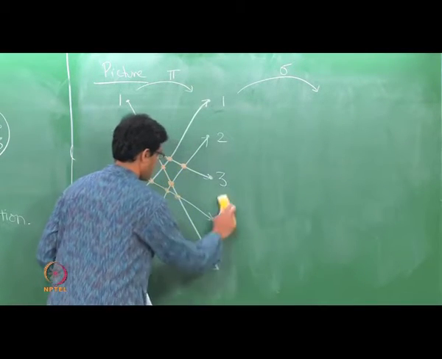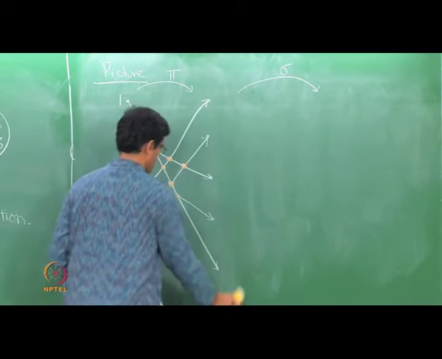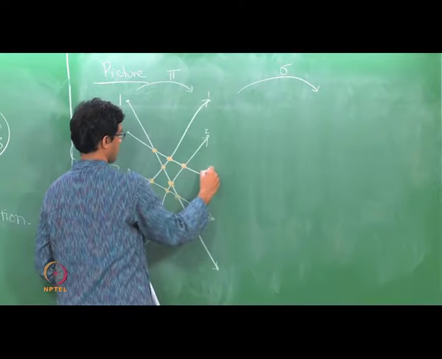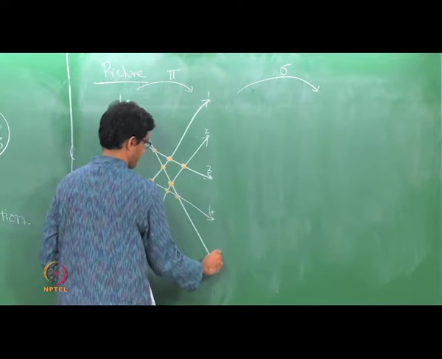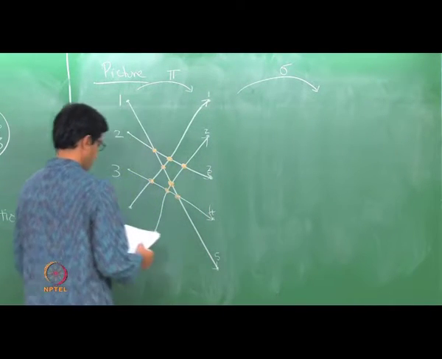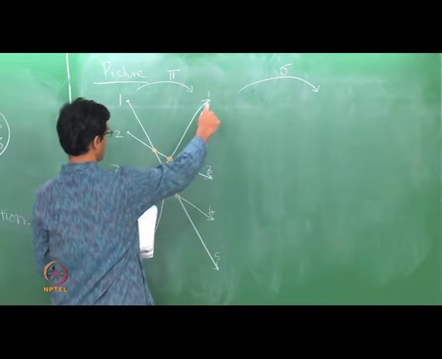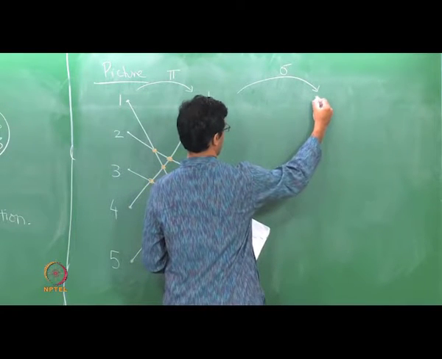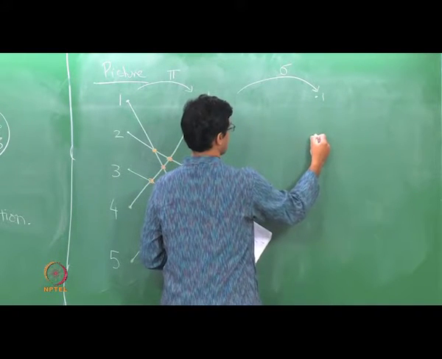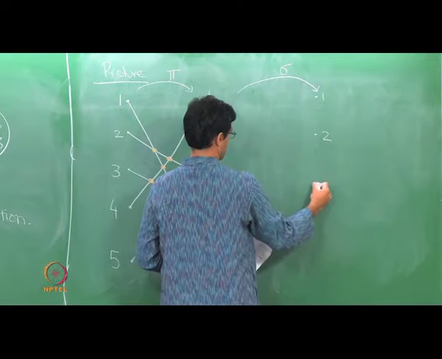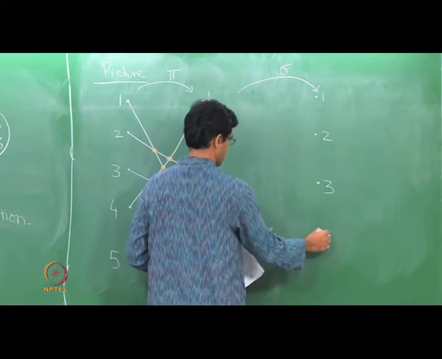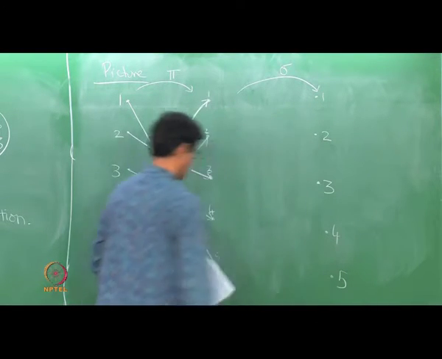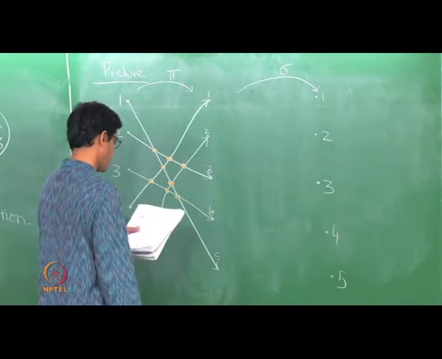So let me just write the numbers on top. So that is a 1, 2, 3, 4 and 5. So let us look at sigma. What does it do to the number 1? Well, sigma maps it to the number 2. So first let's again write down 1, 2, 3, 4, 5 on the other side. So what does sigma do to the number 1?